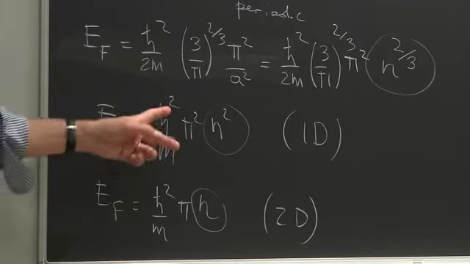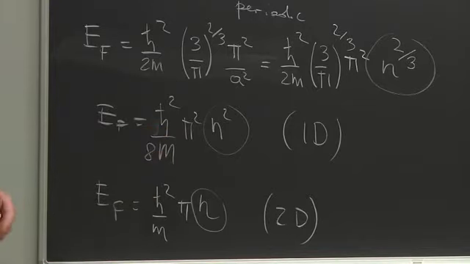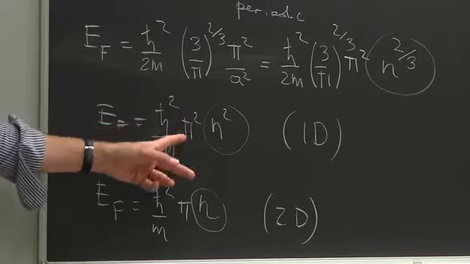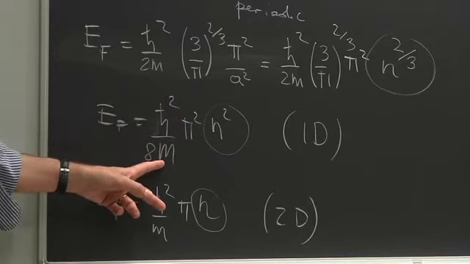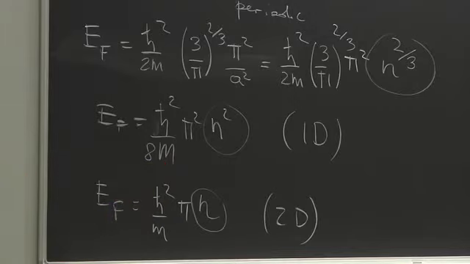The kinetic energy is h squared over m times the Laplacian, right? So it's 1 over L squared. So the dimension that you need to recover an energy starting from h squared over m is 1 over L squared, space to the minus 2.